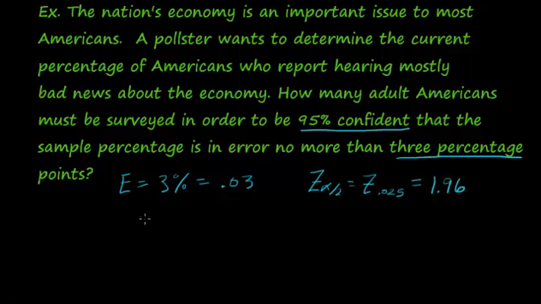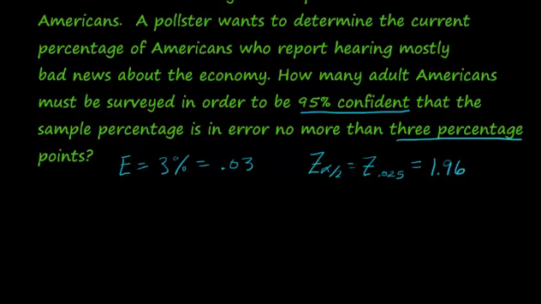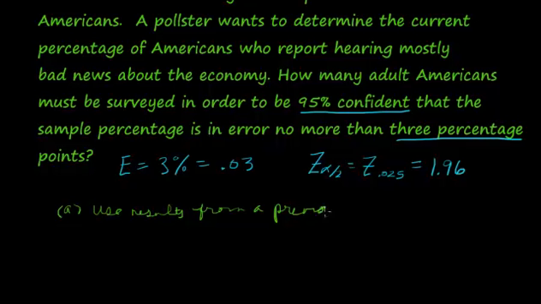Now, we're going to do this in two ways. In part A, we're going to use results from a previous poll, maybe the month before they did this, that found p hat equals 0.35.